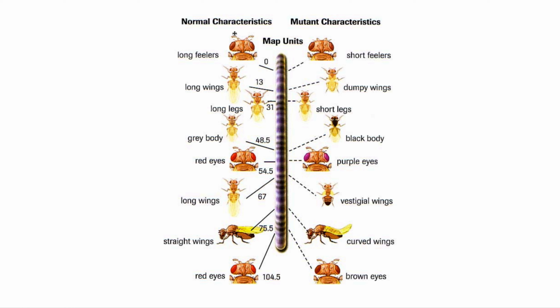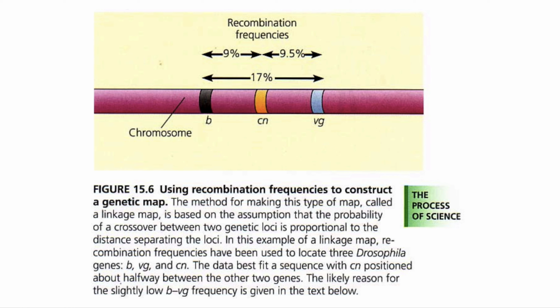Even though you can't see that red eyes is connected to long feelers in most cases, because the crossover rate's too high, you can see with the lower crossover rates that both of these are connected to long legs, and then the long legs together tie everything together. So basically, the crossover frequencies in between add up to create the distance between them.